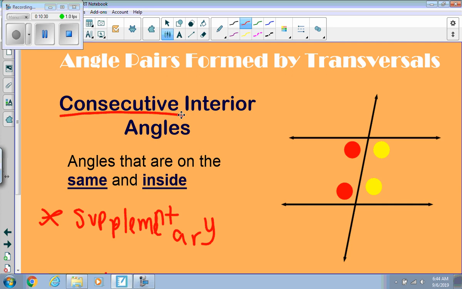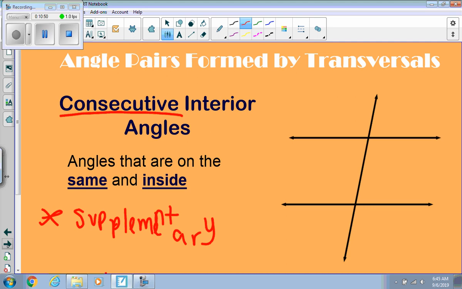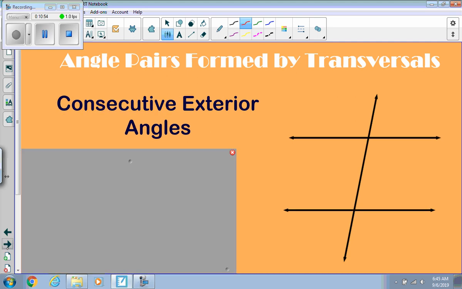Consecutive is supplementary. I'm going to go back a second. Alternate means congruent for us. These angles are always going to be congruent to one another. Again, I really apologize for my video and it shooting a word across the screen, but they're congruent. Consecutive means supplementary. They're going to be 180 degrees. We're going to add them up to be 180 degrees.